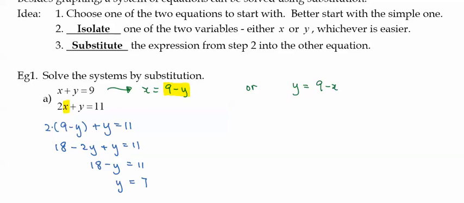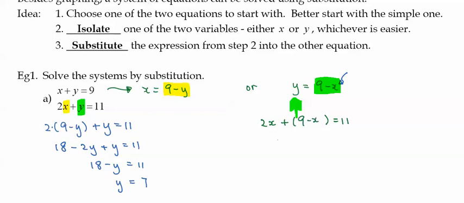Or if you decide to use the other substitution, if you decide to go with this, then we are going to replace the y using 9 minus x. We will replace the y here with 9 minus x. So 2x plus y equals 11, and the y here will be 9 minus x again.